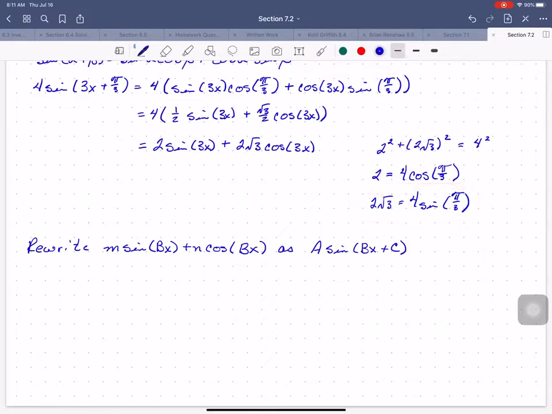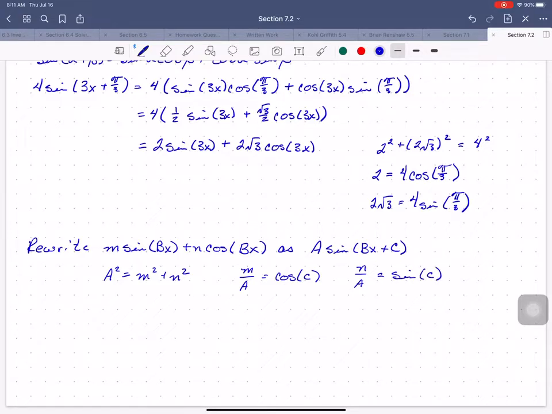And that is our algorithm here. So what we know is that a squared is always going to be equal to m squared plus n squared, and that m over a is always going to be equal to cosine of your angle c, and that n over a is always going to be equal to the sine of that angle c.